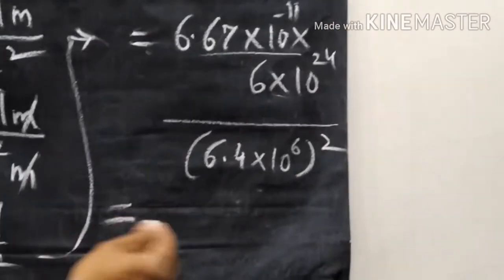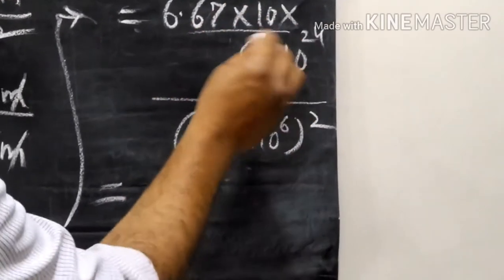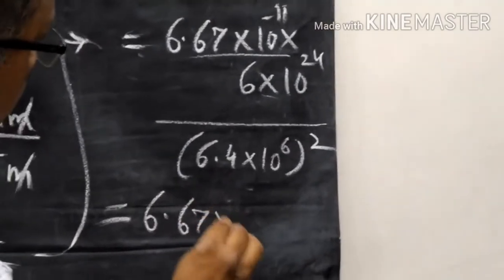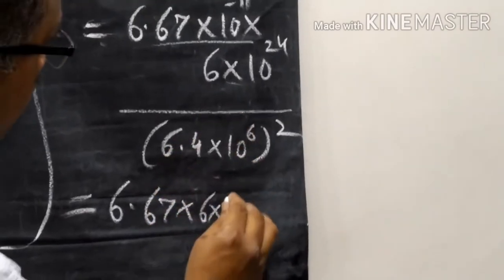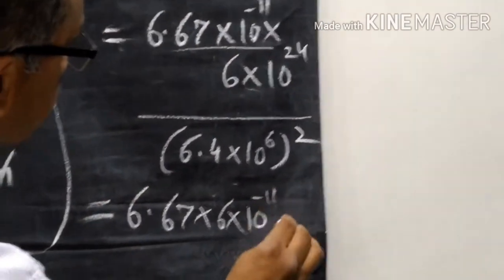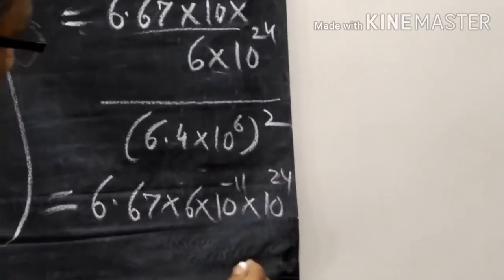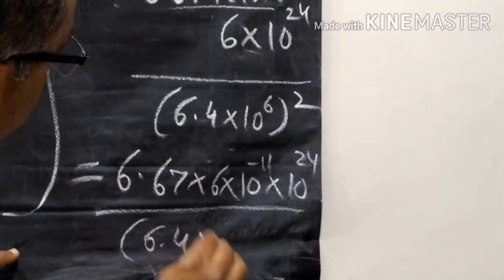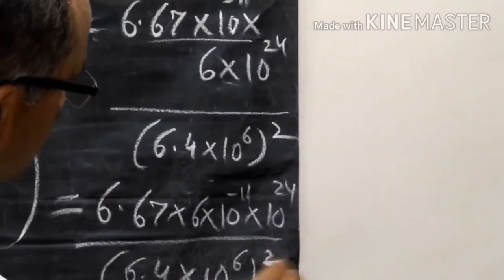Now I will write this in this manner: 6.67 into 6 into 10 raised to minus 11 into 10 raised to 24, upon 6.4 into 10 raised to 6, squared.